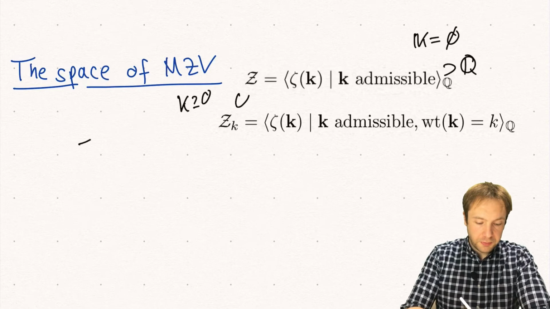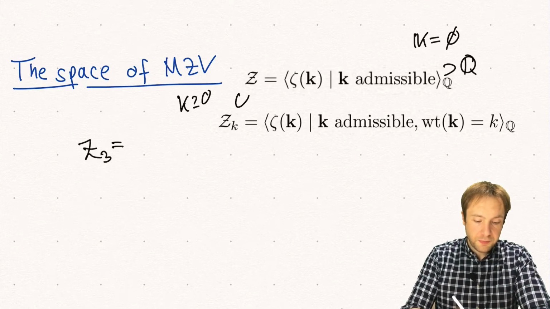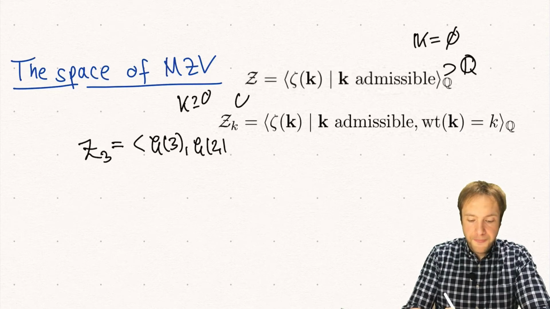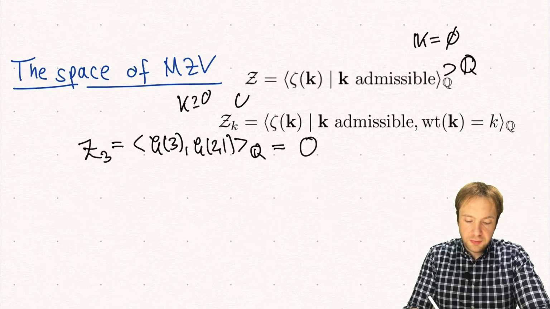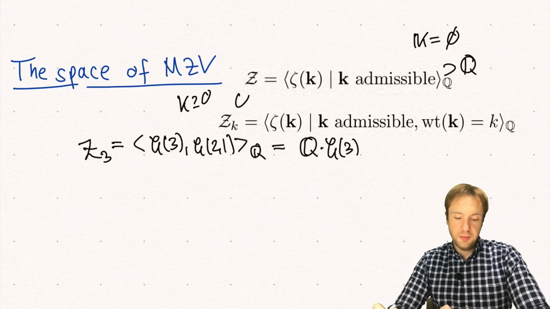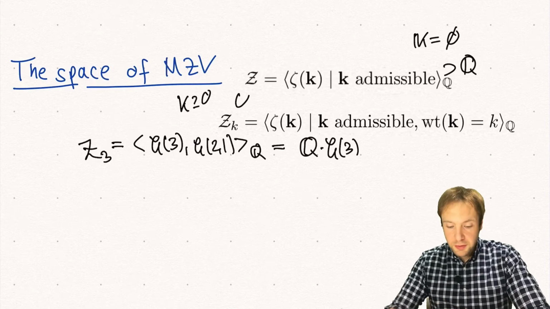For example, Z_3 is the span of zeta 3 and zeta 2,1. But we already saw that zeta 2,1 equals zeta 3, so this is just the one-dimensional vector space spanned by zeta 3.